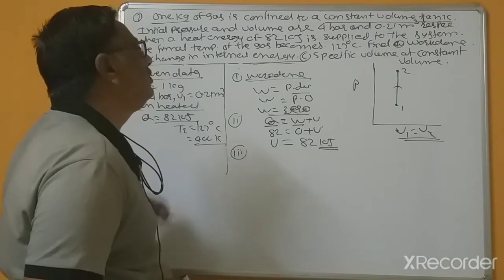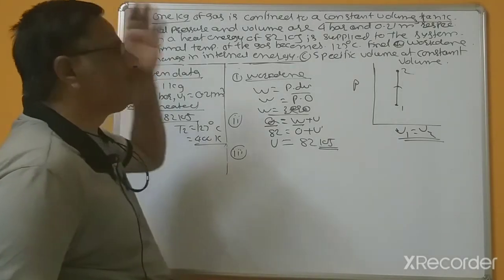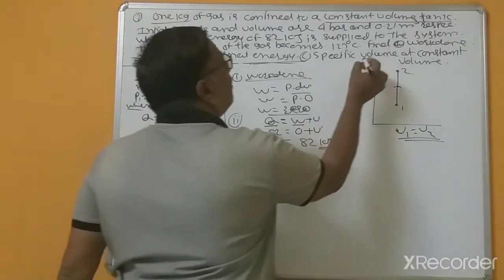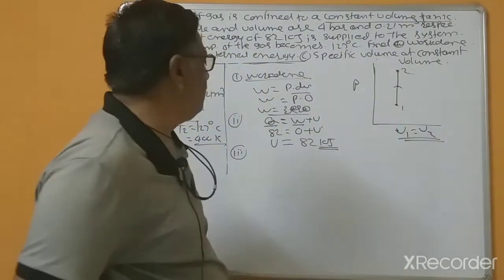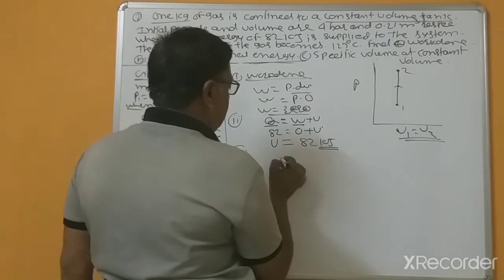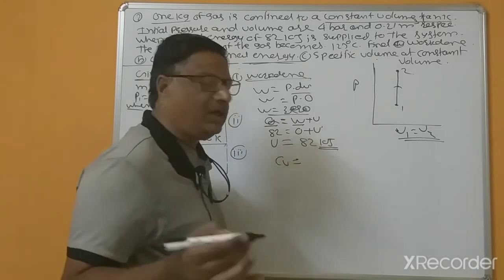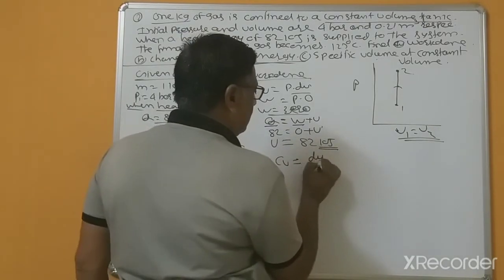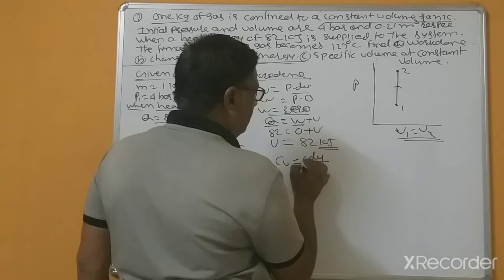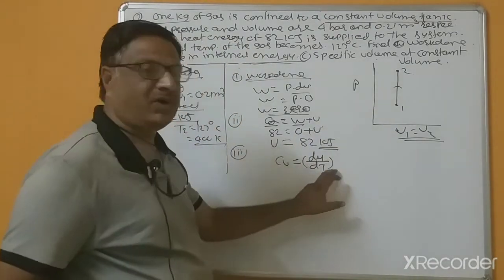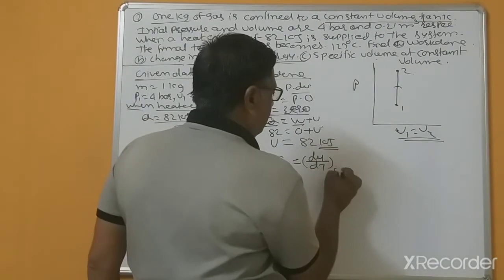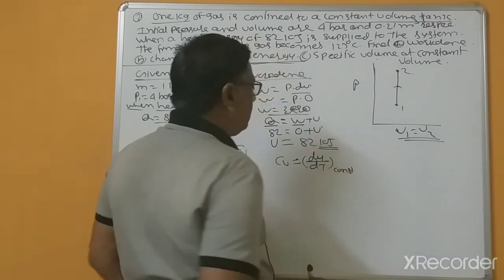Now we will see the third bit, specific heat at constant volume. So at constant volume, CV equal to, what is the formula, du divided by dT, and this is for constant volume, right?